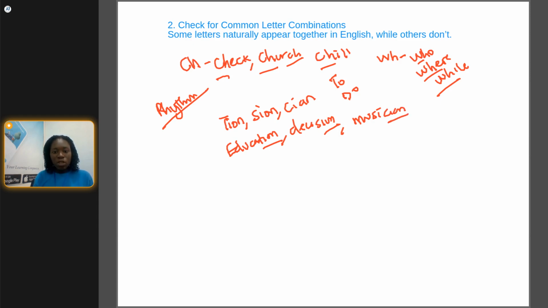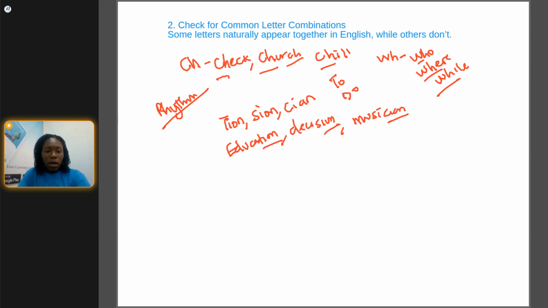So you find these combinations and you are used to them, that there are some words that have the combinations of TION, SION, CIAN. You just need to know that when you see a word like that, that last part is right. It means you need to focus on something else.